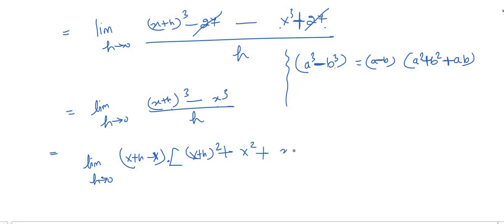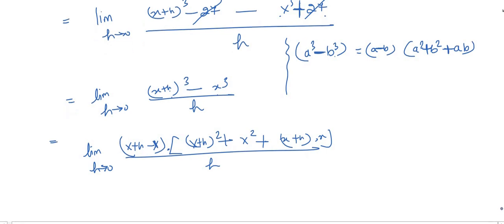What is a into b? (x plus h) into x, all by h. Correct? Now, what do you feel? Is anything cancelling? Yes, this x and this minus x. So these two are cancelling. So here I am getting h. Only thing here I am getting is h.